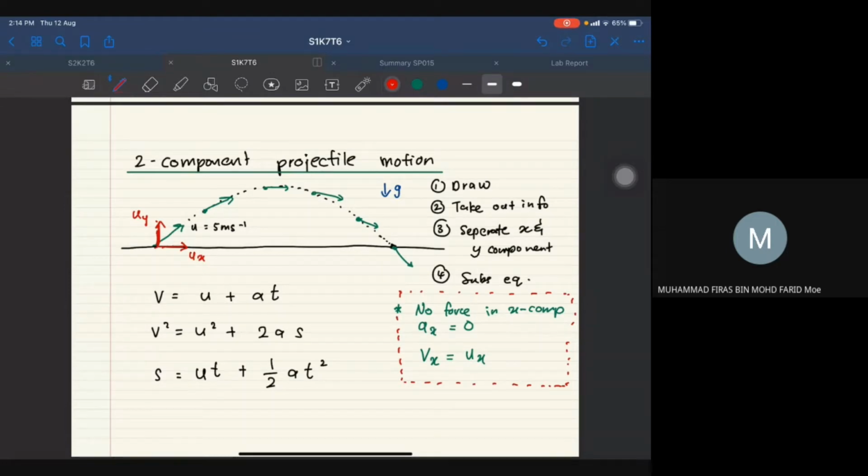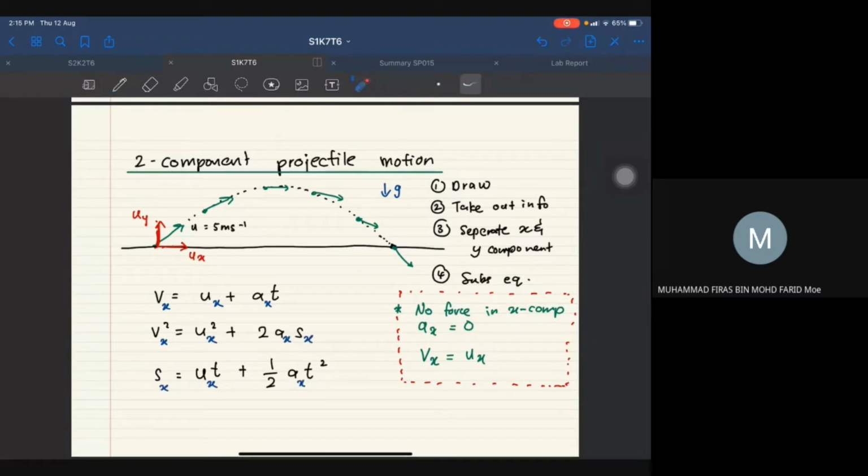Okay, that one is for the X component. So there's no force acting here. If you have the three equations, I'm going to write these equations in terms of the X component: Vx, Ux, Ax, t; Sx, Ux, Ax, t.